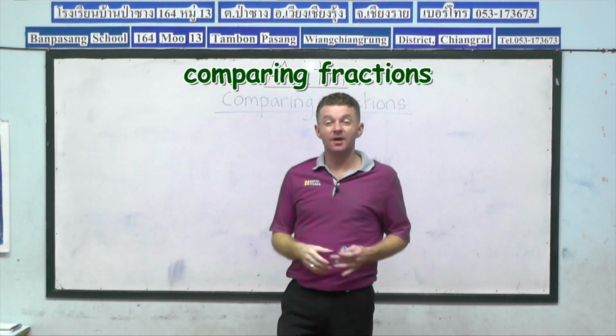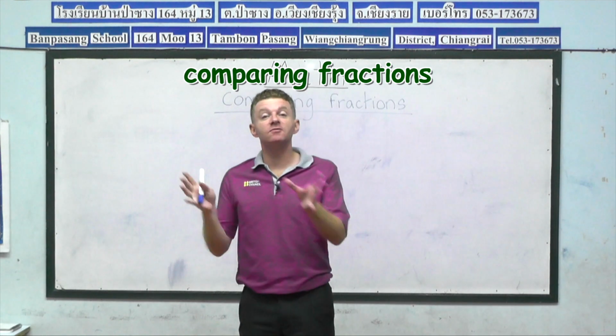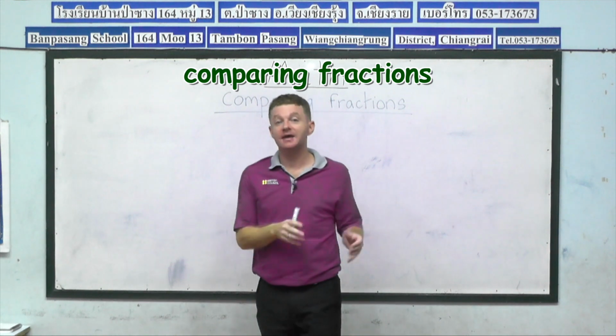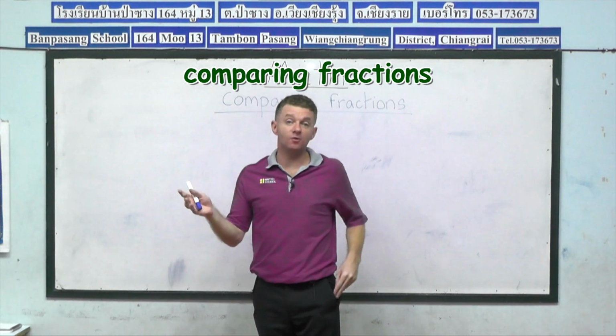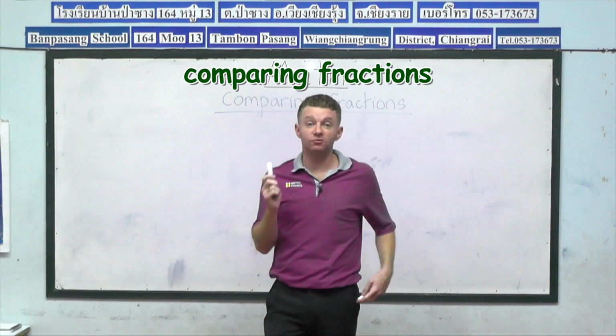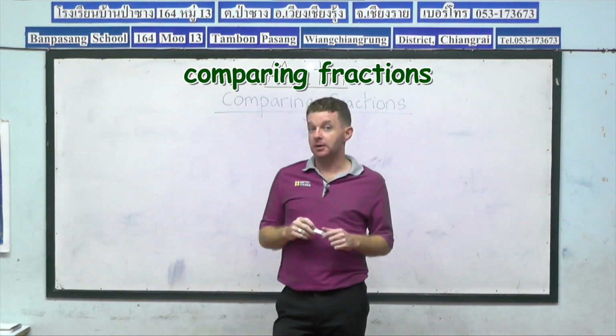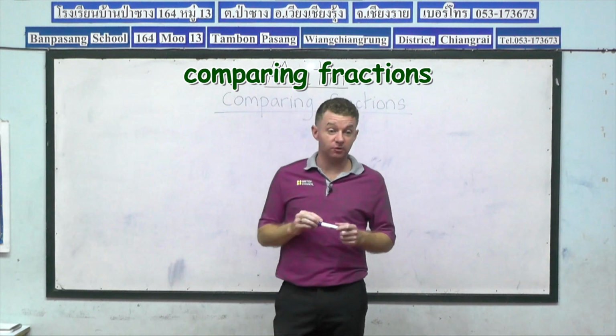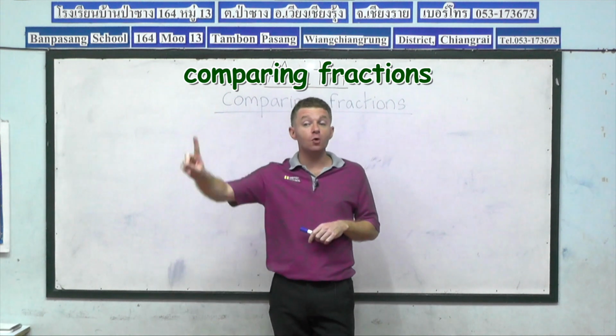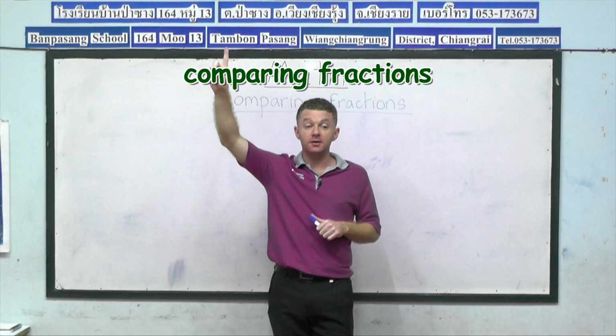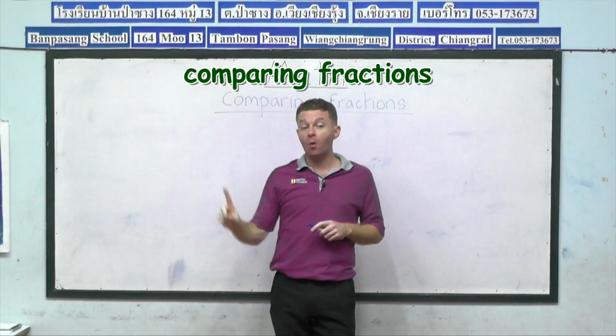So all together, guys, comparing fractions. And what comparing means, it means looking at different fractions and deciding which ones are bigger and which ones are smaller. And then we can put them into order. Now there's 2 different orders we can put them in. If we want to put them in the order of going up, does anybody remember what we call going up?